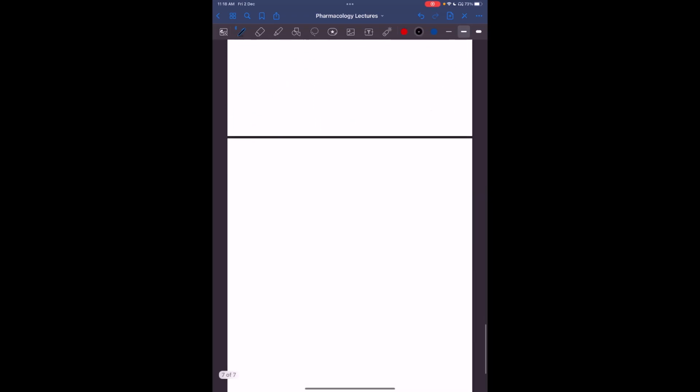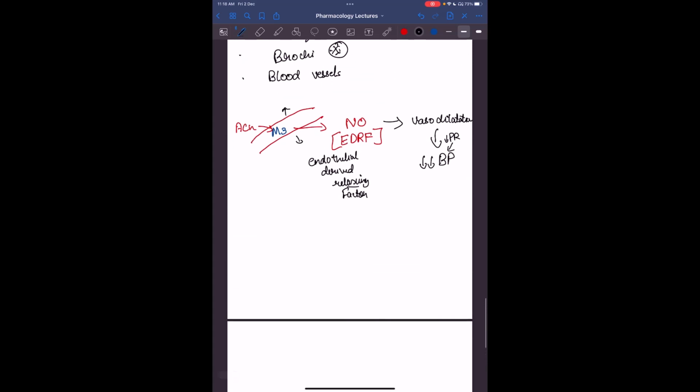Now we'll see about the GI tract. So what happens in the GIT? What does acetylcholine do to our GIT on stimulation?